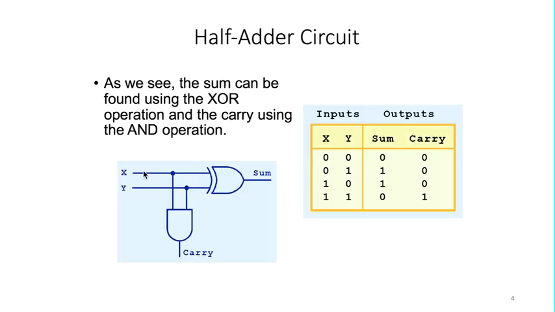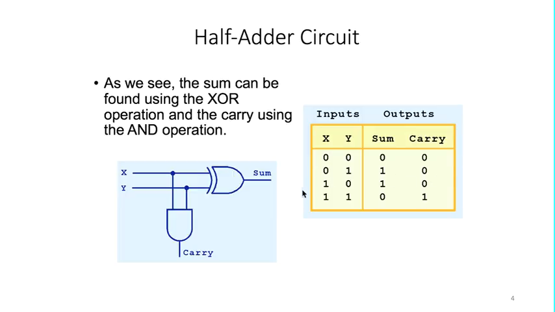Now, if x equals 0 and y equals 1, then 0, 1 into the XOR gate gives an output of 1, because the input values are different. With 0 and 1 into the AND gate, the output equals 0. So the sum equals 1 and the carry equals 0. That's the second row in the truth table.